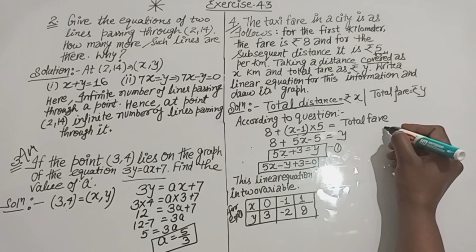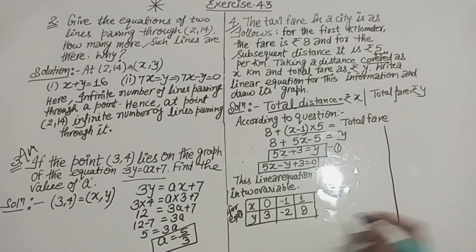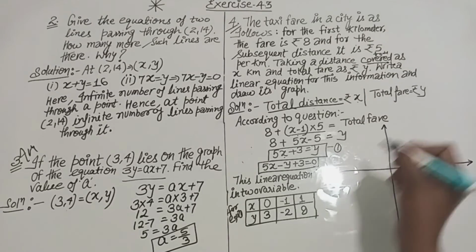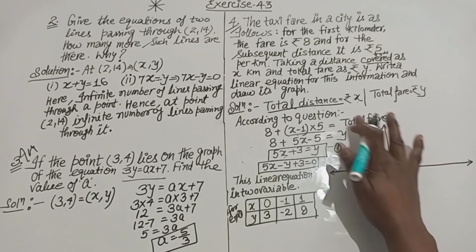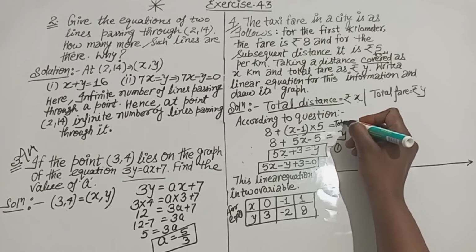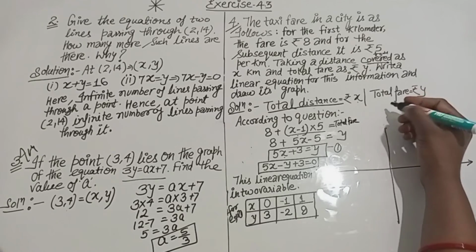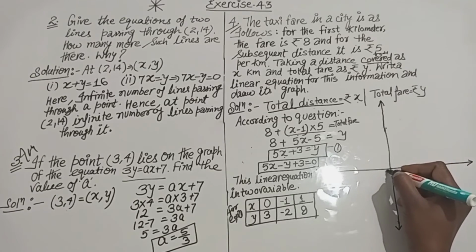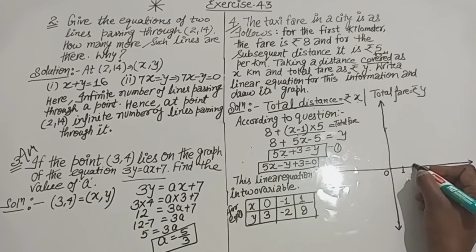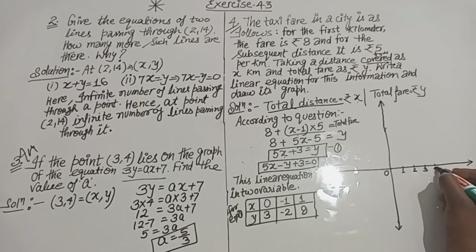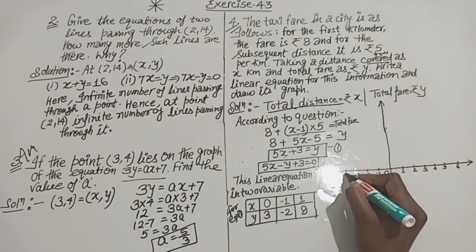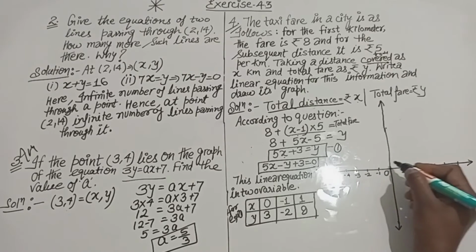So now, on the graph we mark the positive axis 1 to 6 and the negative axis minus 1 to minus 5, and on the y axis 1 to 8 and minus 1 to minus 5.